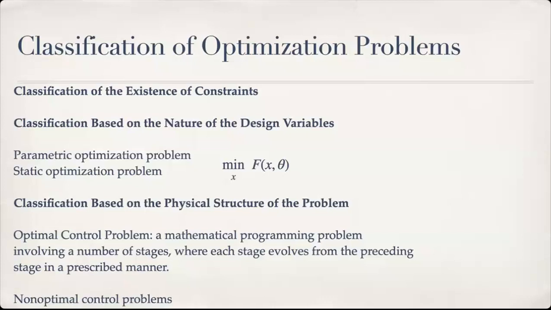For example, if I design a distillation column and the number of trays is my decision variable, I cannot build a distillation column with 1.5 or 10.5 trays, right? It must be an integer. So you see that it already poses a different type of optimization problem.